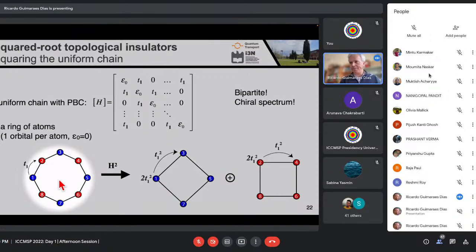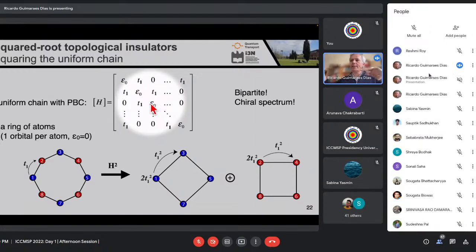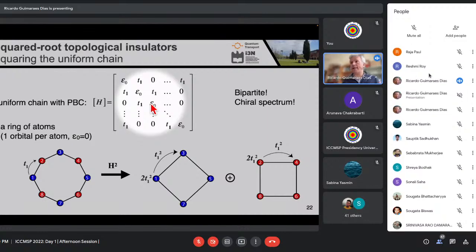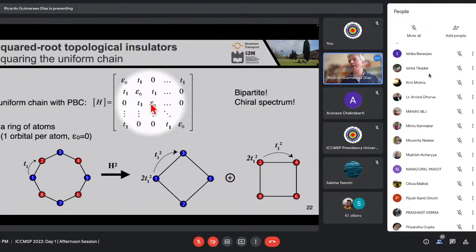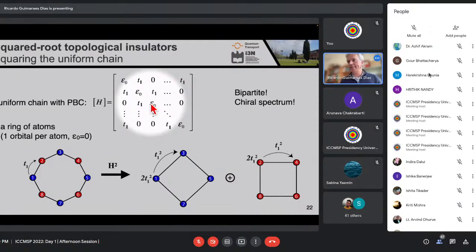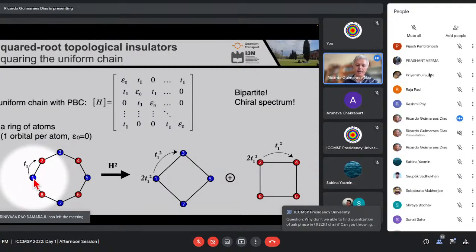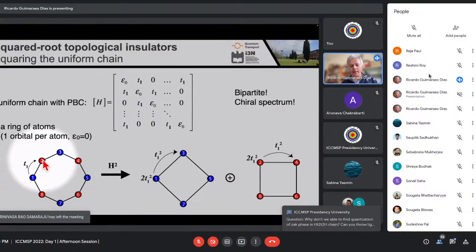The reason is the following. Models or tight binding models where we only have finite matrix elements in the Hamiltonian between sites in different sublattices, and here I'm just considering two sublattices, they are called bipartite, okay? So for instance, here, this model is bipartite because I only have finite matrix elements of the Hamiltonian between sites blue to red and red to blue, never blue to blue, okay?